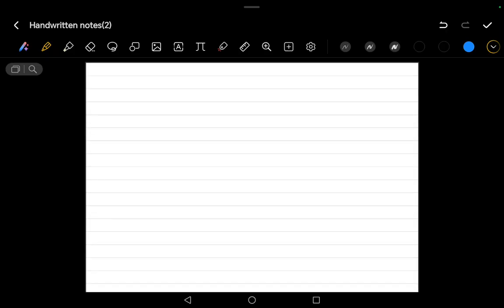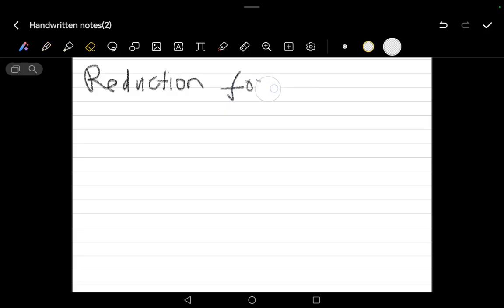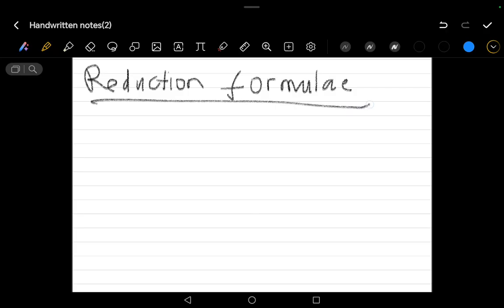So when we're talking about reduction formula, remember we said the topic here is reduction formula. On the second quadrant, this is our first, this is our second.